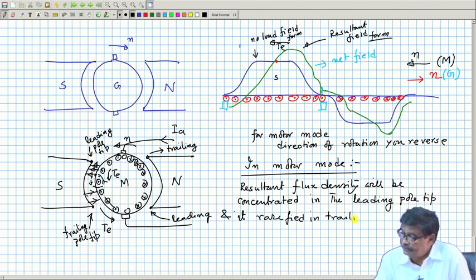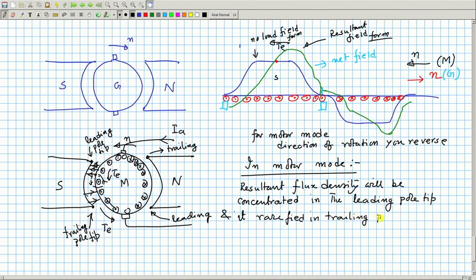Opposite for the generator. It will be always happening.